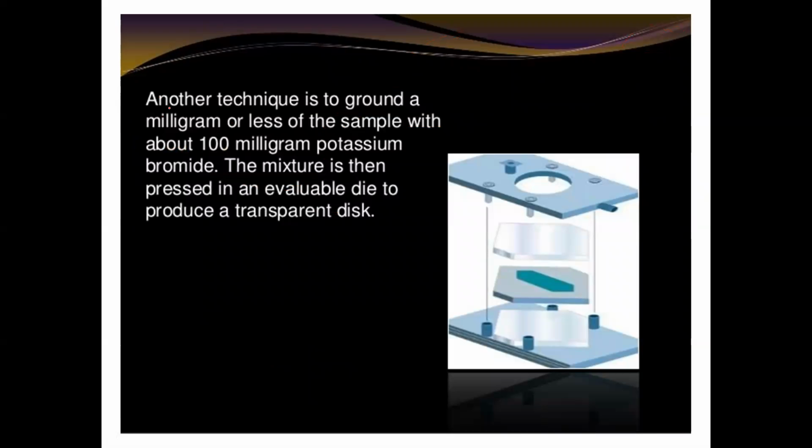Next we will talk about another technique: grind less than a milligram of sample with 100 milligrams of potassium bromide. The mixture is then pressed in an evacuable die to produce transparent discs, okay. I have discussed this before.